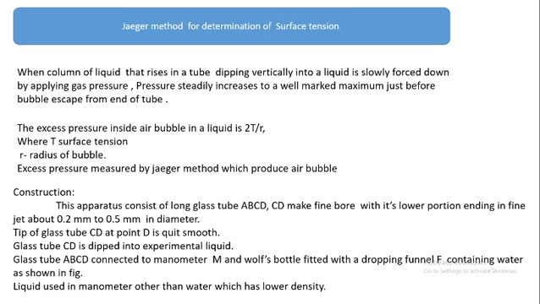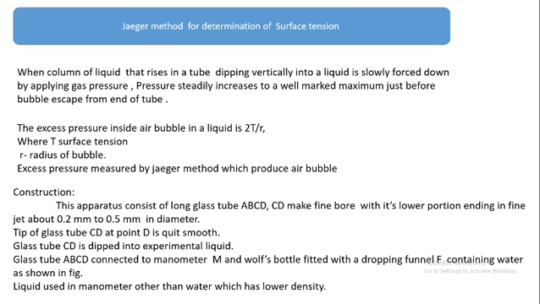If you apply gas pressure from the upper side and steadily increase it, the liquid will move in a downward direction. Then the air or gas bubble will be created at the end of the tube, and that bubble will escape from the tube.